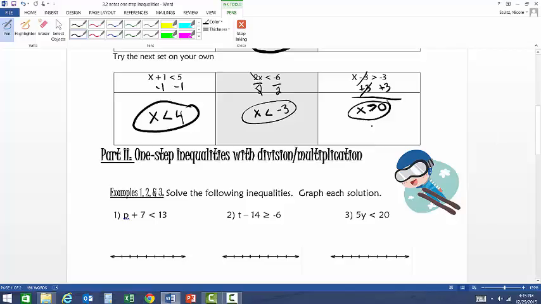When you're done, go ahead and check your answers with mine. I got x is less than 4, x is less than negative 3, and x is greater than 0.